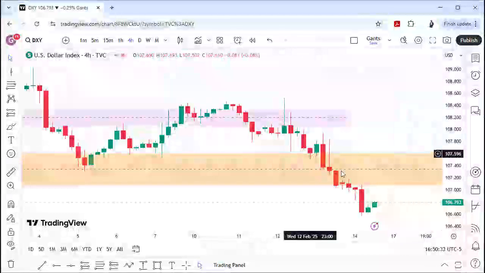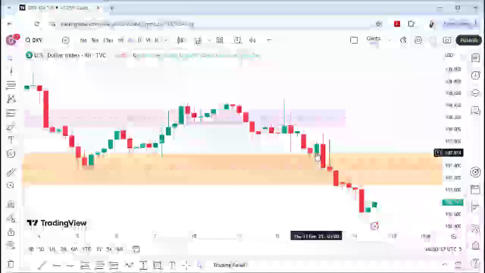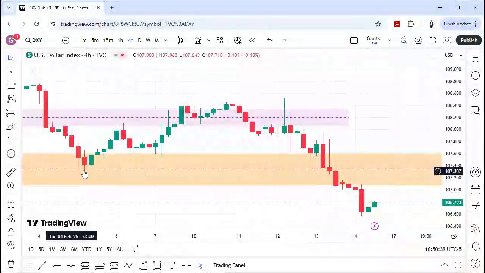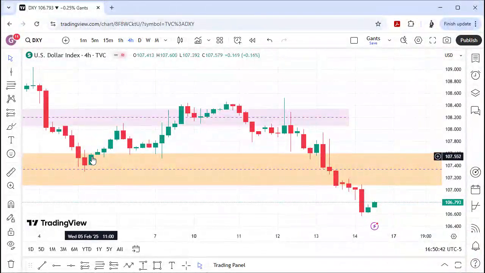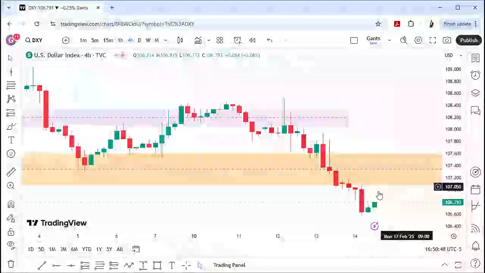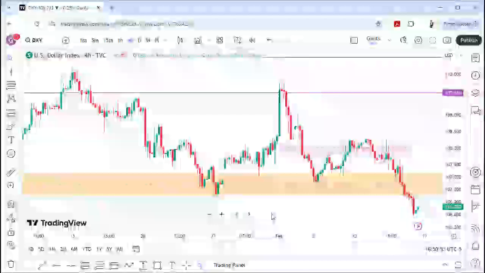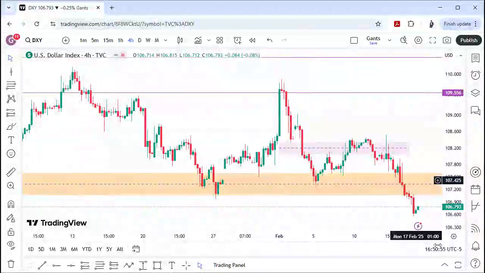It could trade all the way up to here, but I want to see it trade to this old low here. So a bullish movement up to this level, and then something like this, up and down. That's what I'm looking at for the dollar index, up and then down.